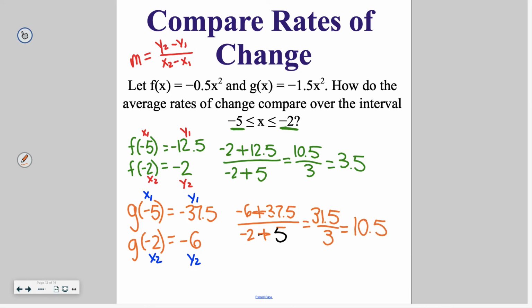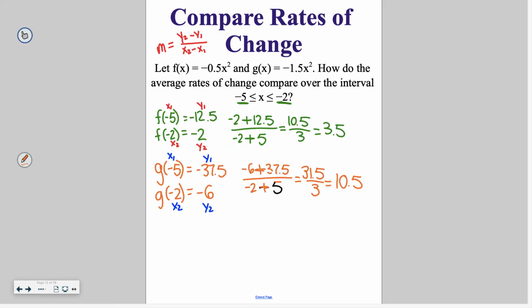So our last step here is it wants us to compare the rates of change. So what you're going to do is you're going to take your second answer, which is 10.5, and you're going to divide it by that first answer, which is 3.5. When I do that, I get an answer of 3.